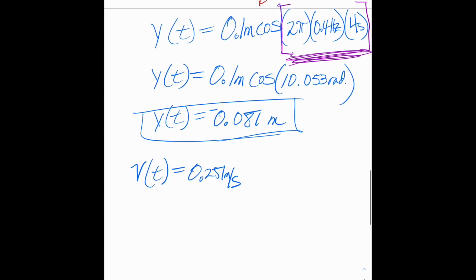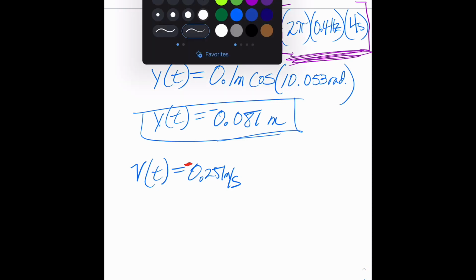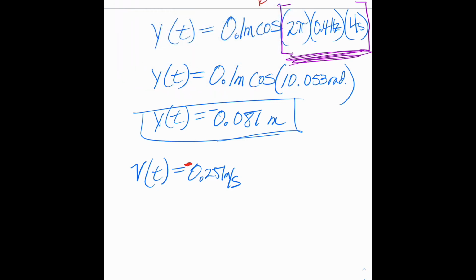And don't forget that negative sign like I just did. There is a negative sign out in front, and that is going to be important. We expect it to be a positive answer, so when we take this sine, we're going to get a negative answer.